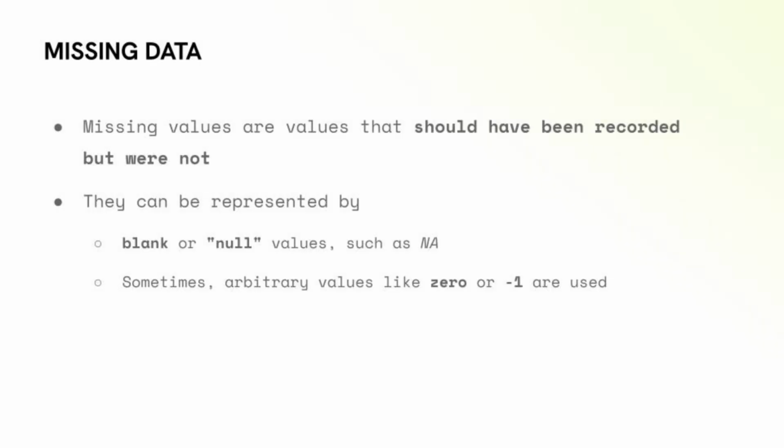Right? So missing data can be represented in a number of ways. You can just leave the cell in your data set blank, or you can write something in it, for example, a 0 or a -1 to represent that you don't have that information. When it's blank, your computer might read it as null, for example, or it can say NA, which means that the field is empty, or it can say NaN, which stands for not a number.